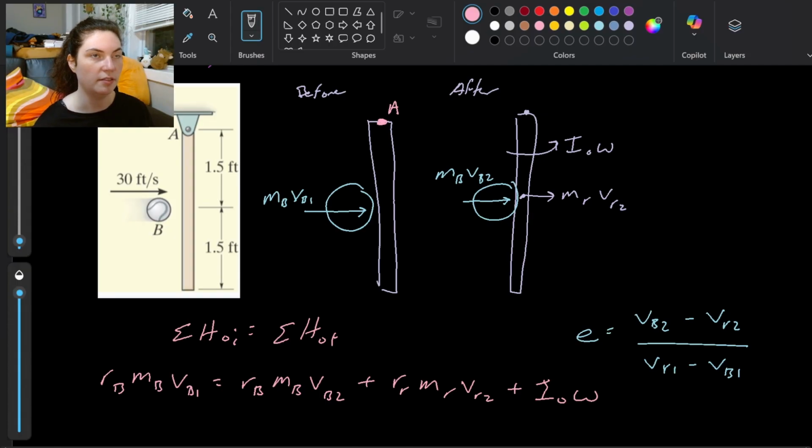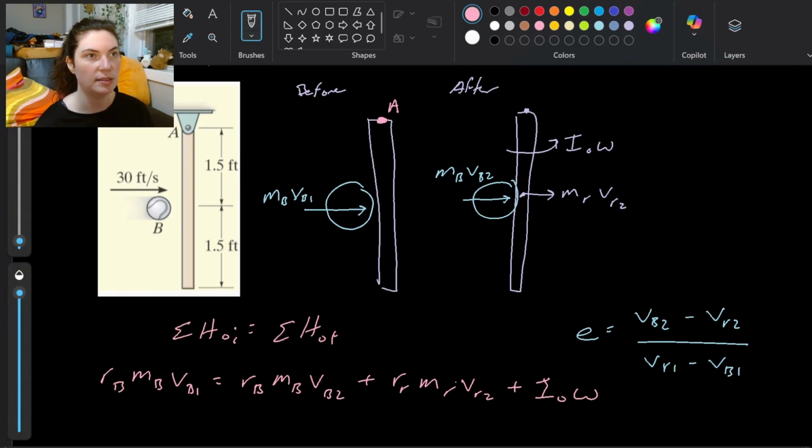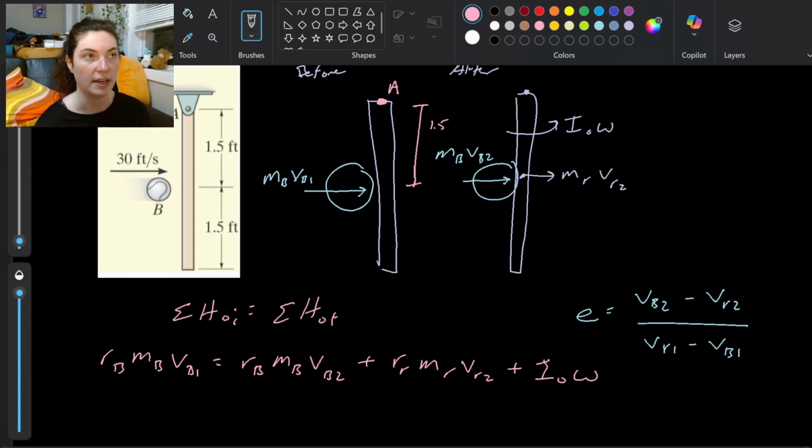All right, so with all of that in mind, let's go ahead and see if we can plug some numbers in, simplify this down just a little bit. We know our RB, that's going to be our distance, 1.5 meters, to where the ball is striking that rod.